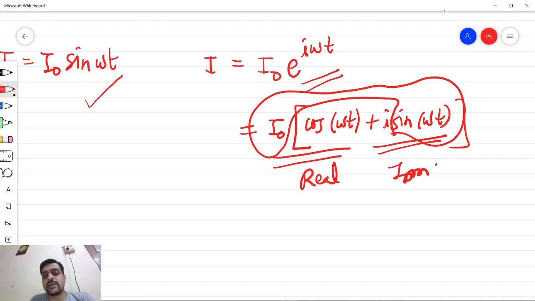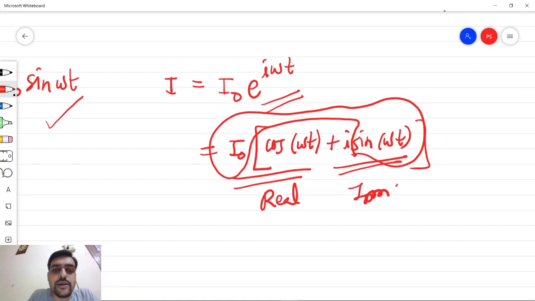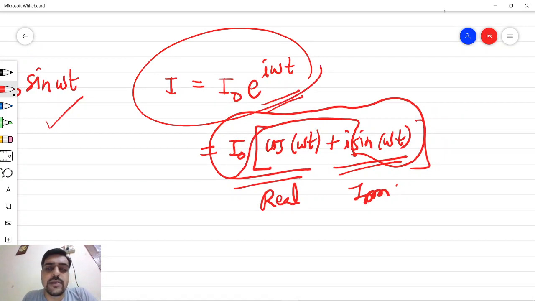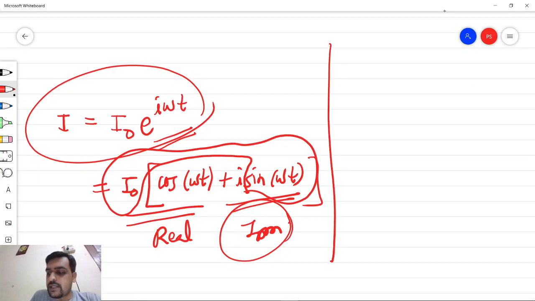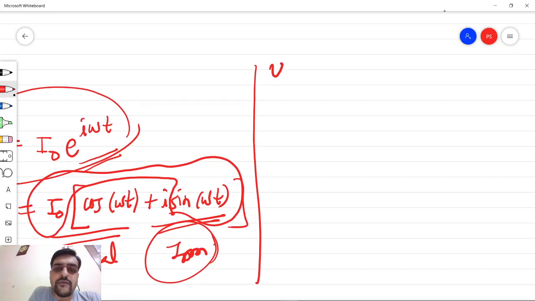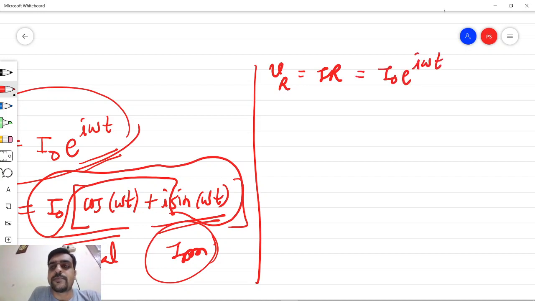So we just take it for granted that we are going to take the value of current as expressed in this manner, and the part which is imaginary from this expression is going to represent the current of our physical situation. Now if we take these three values, then we will get VR to be equal to IR as usual, which is I0 e raised to i omega t.